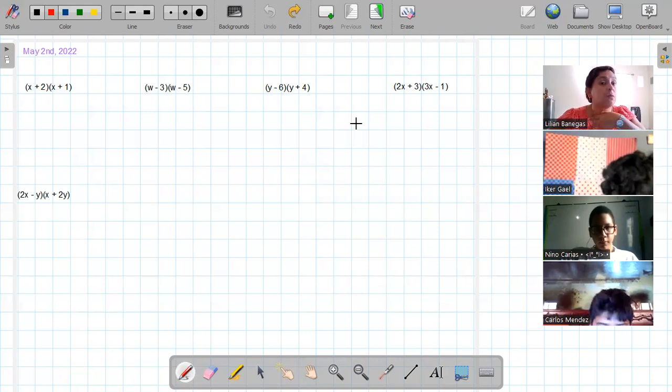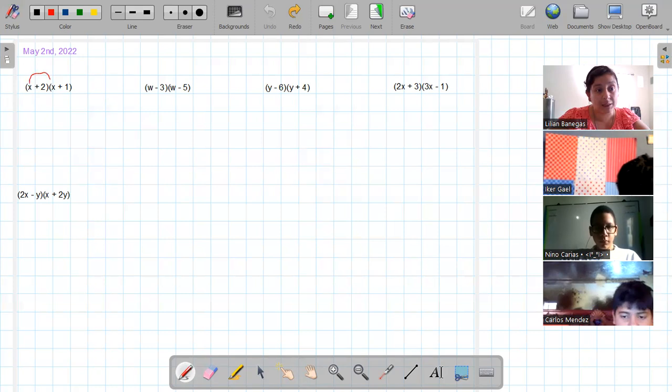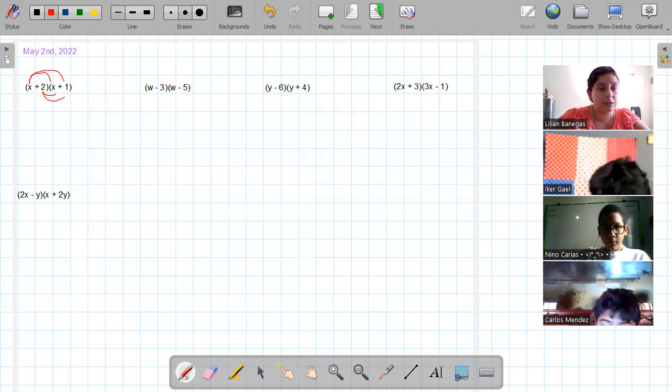We're going to multiply the first term of the first parenthesis times everything inside the second parenthesis. Then we're going to multiply the second term of the first parenthesis times everything inside the second parenthesis.